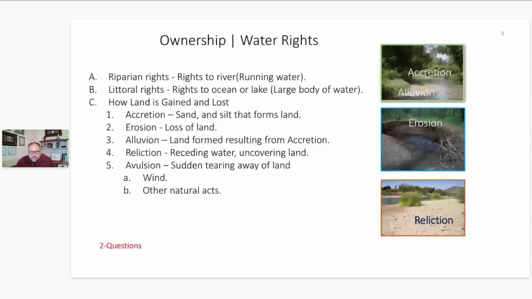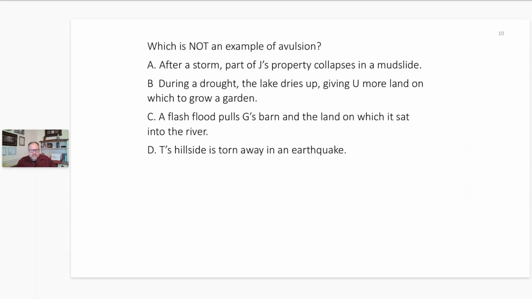So again, I look at this question. The first thing I do, I try to answer the question before looking at my answer selection. That's just my technique. It works for me. So if I read the question, I say, which of the following is not an example of avulsion? So I sit back, and I'm at the test center now, and I'm not talking out loud, but I'm thinking under my breath: avulsion. Okay, we're talking about land, how land is gained and lost.